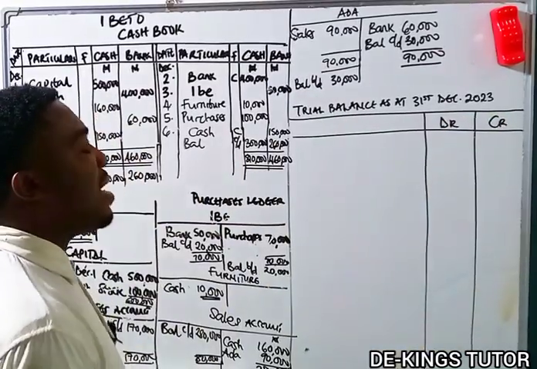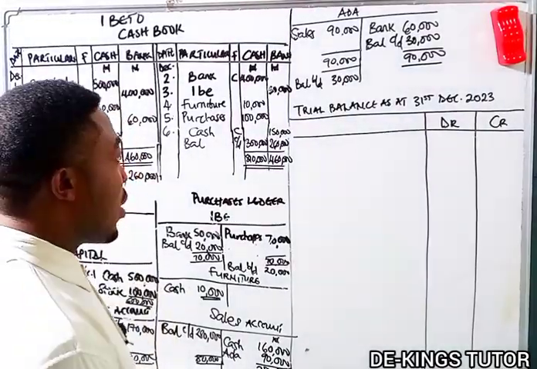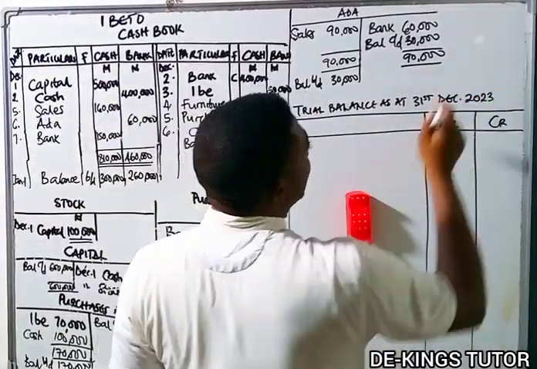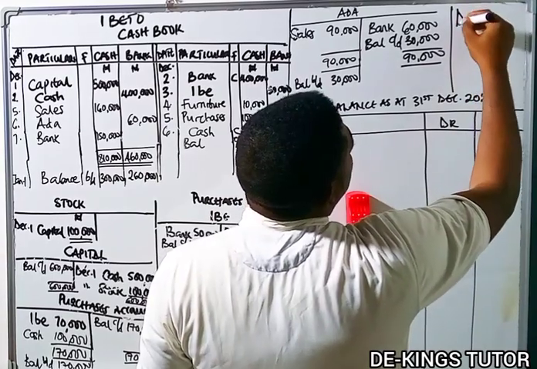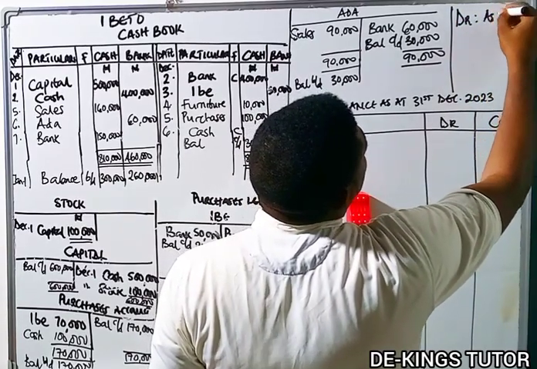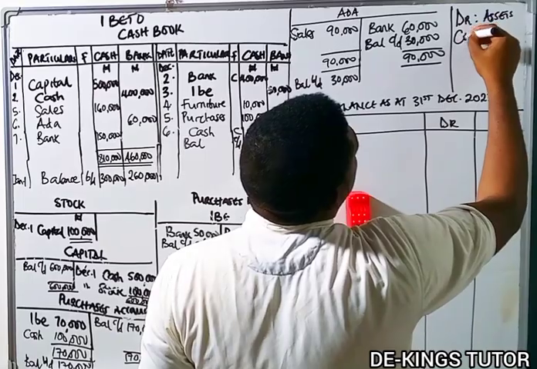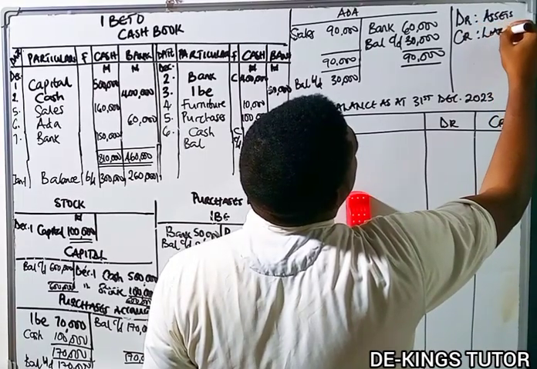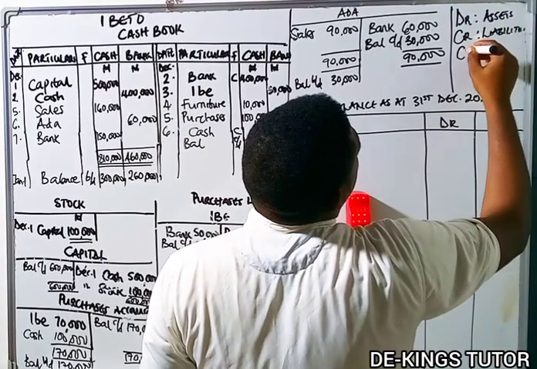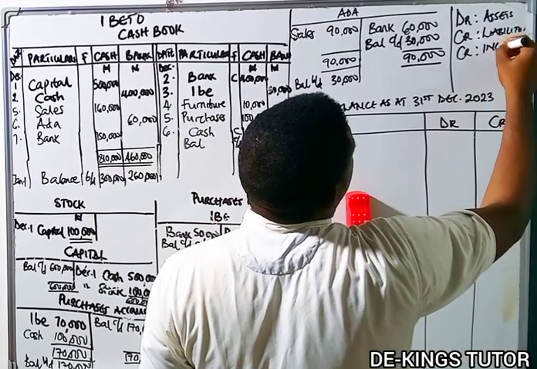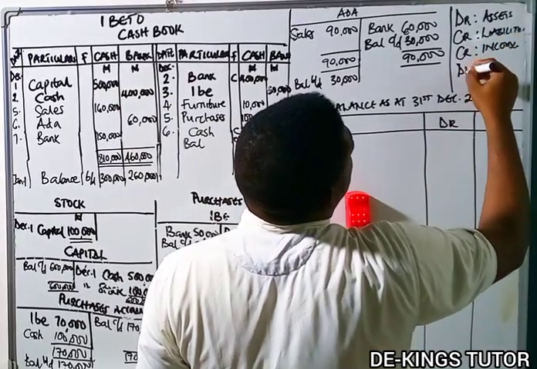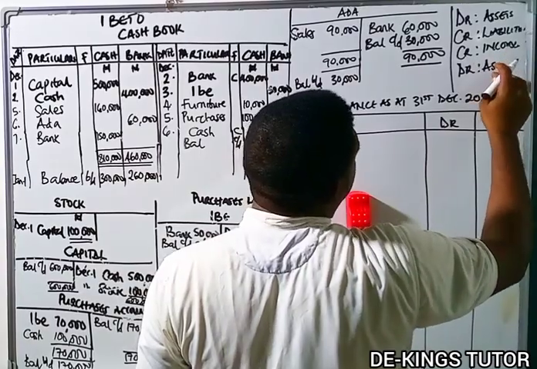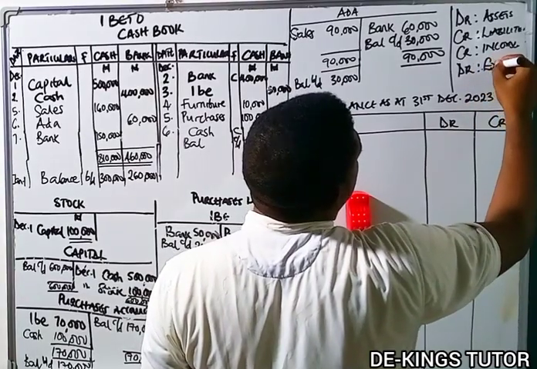Now the trial balance has a rule, okay? The rule is: debit all assets, credit all liabilities, credit all income, and debit all expenses.